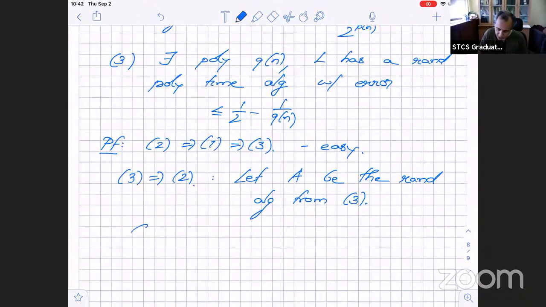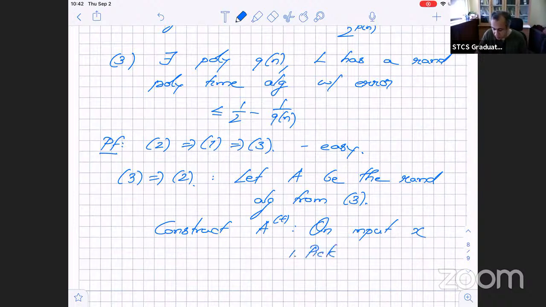Now let's construct an algorithm, let me call it A_T, which works as follows, exactly similar to the amplification algorithm we've done. On input x, pick r1, r2, ..., rT, which are T independent random points.